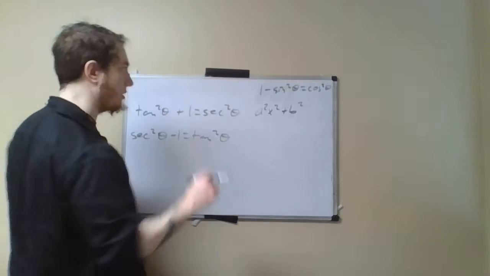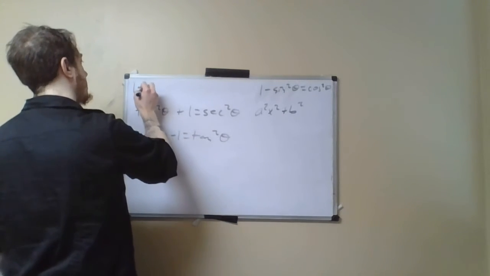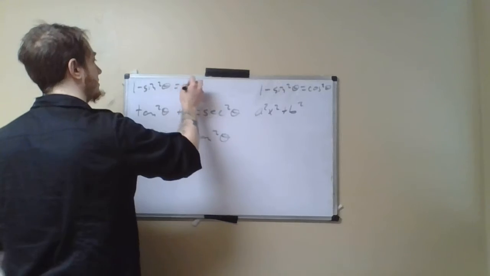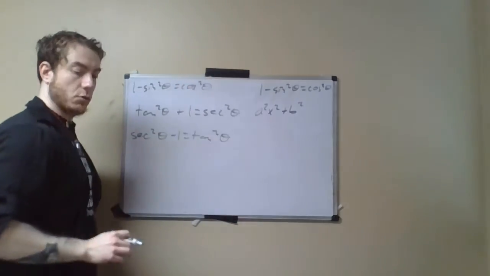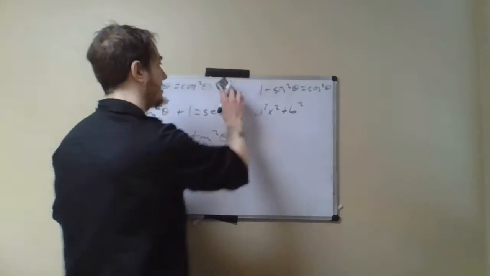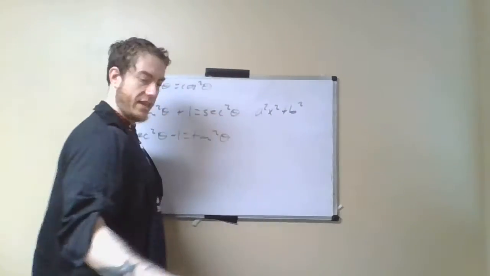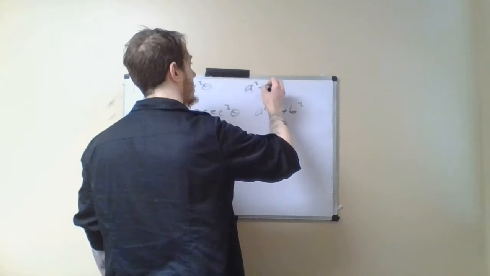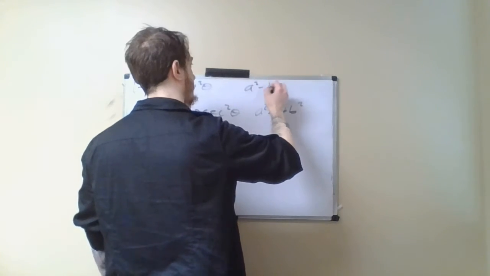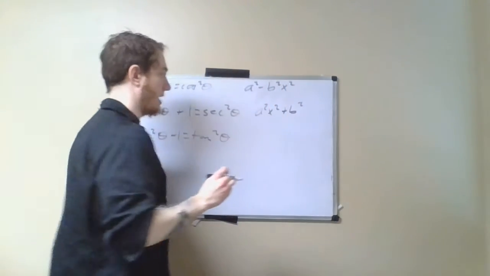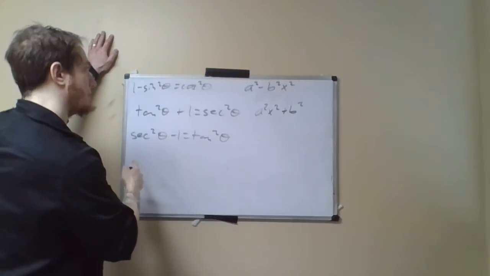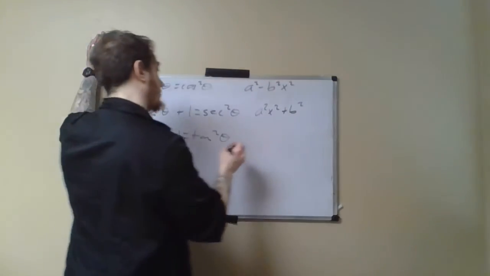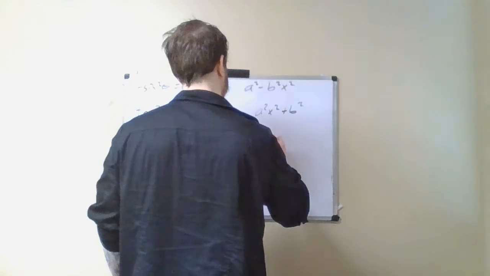This is going to tell me that 1 minus sine squared theta is equal to cosine squared theta, so we're going to use that form of the Pythagorean identity. And in this case, what we need is something that looks like a squared minus b squared x squared. And in the third case, we're going to look for something that looks like a squared x squared minus b squared.